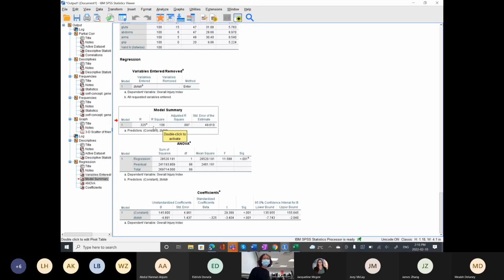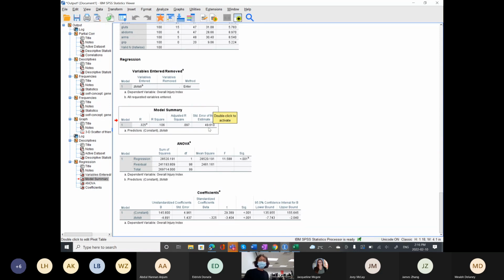So in this case, 10.6% variation in injury is due to body strength. And you have standard error of the estimate.